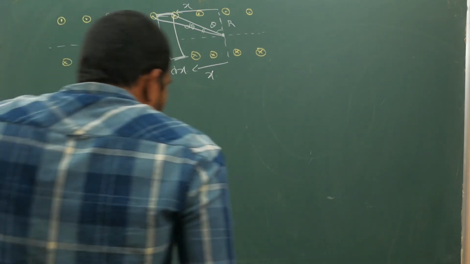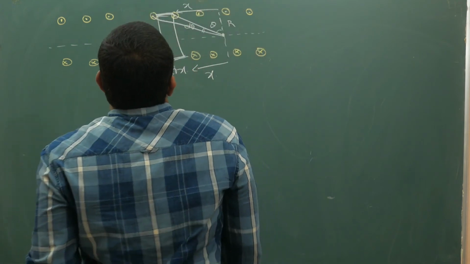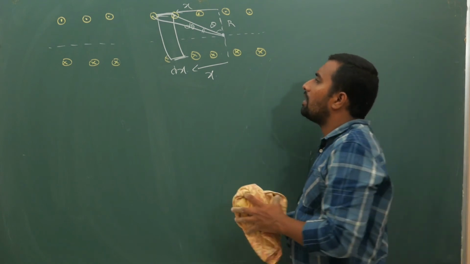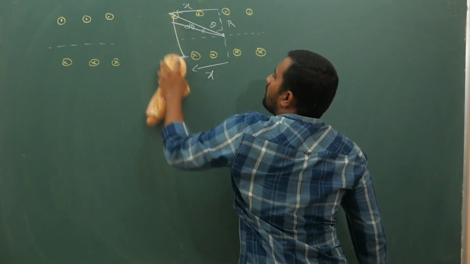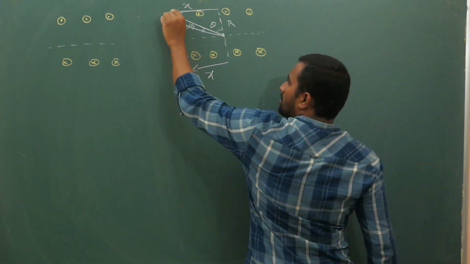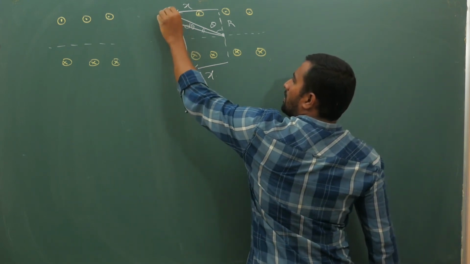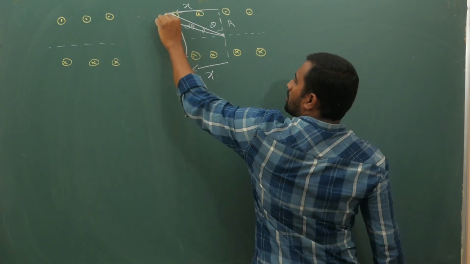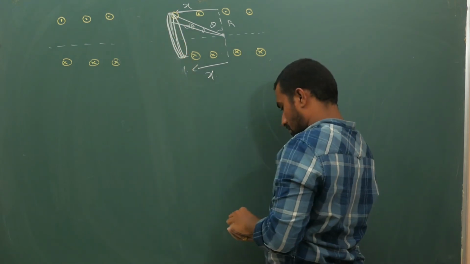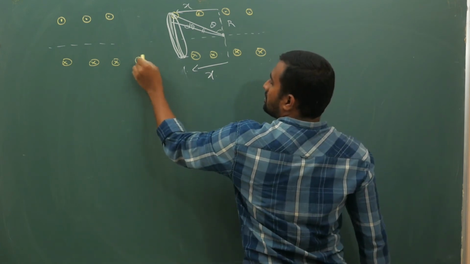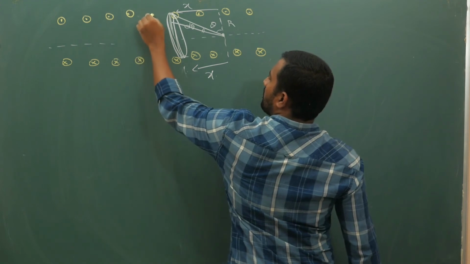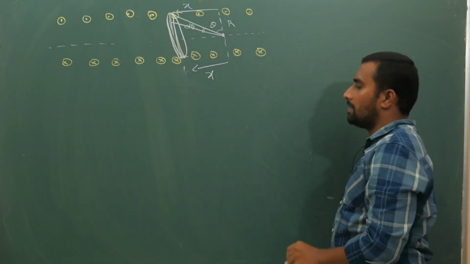So now here your radius is r. If you are not comfortable, you can still make it thin, no issues at all. A small patch or a small ring portion is what I am taking. Now here it is into the plane, here it is into the plane, here it is out of the plane, here it is out of the plane.